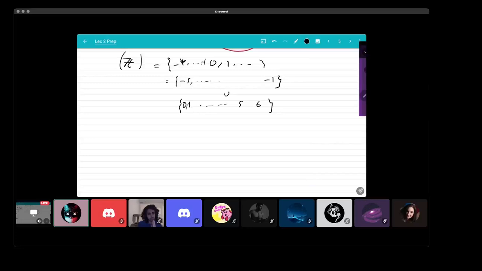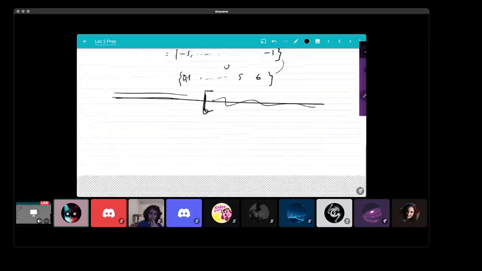So the two sets do not overlap, but they cover the whole of Z. This is one and this is the other one. So this is a partition.